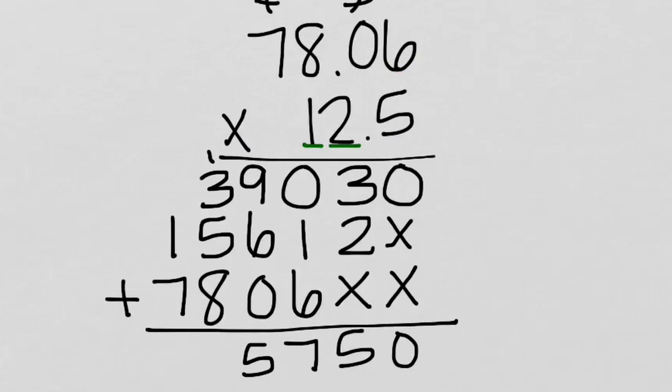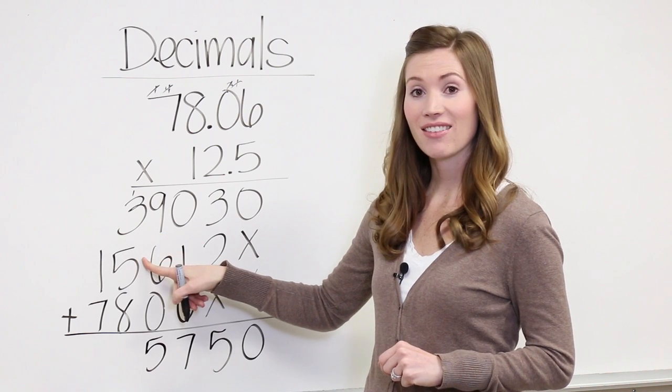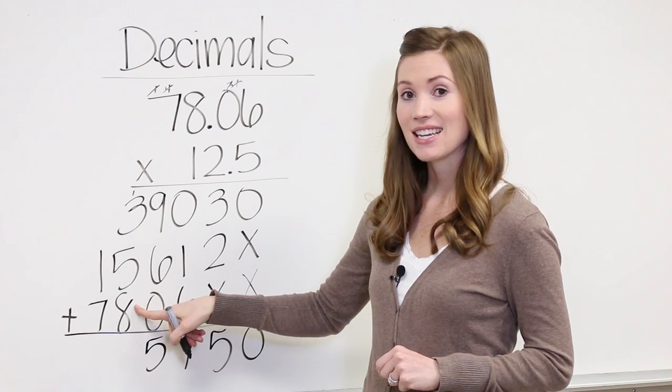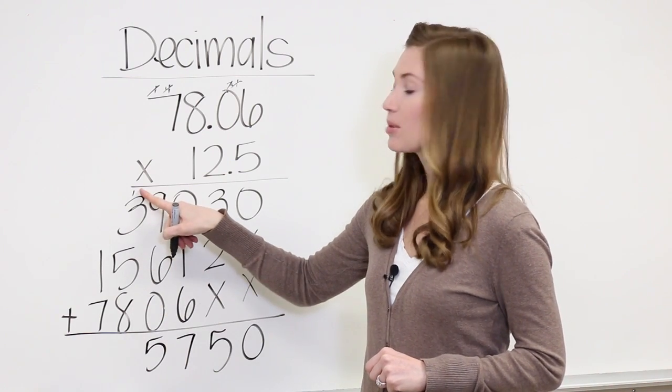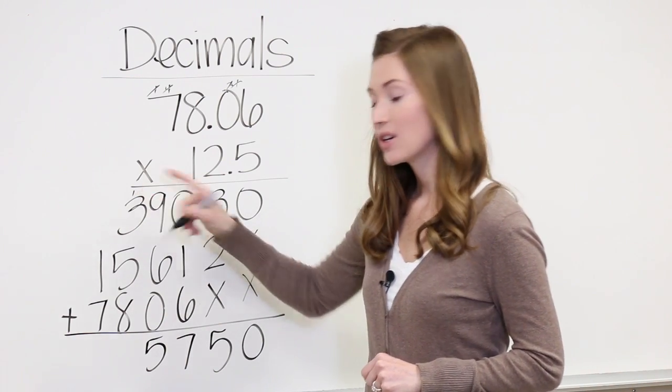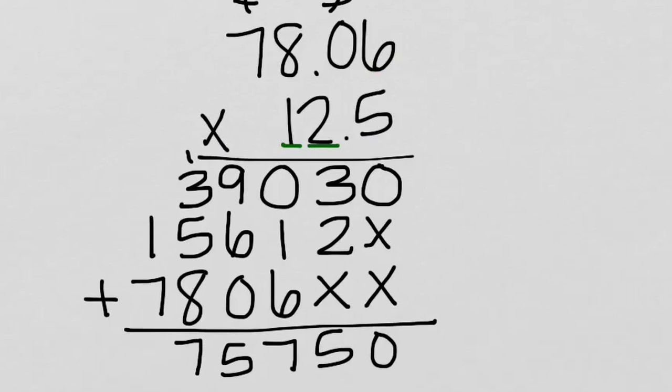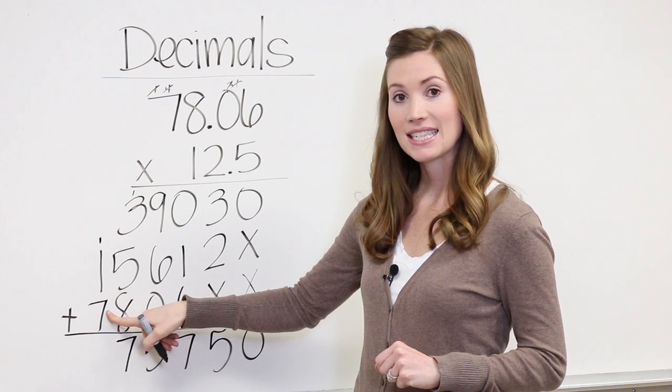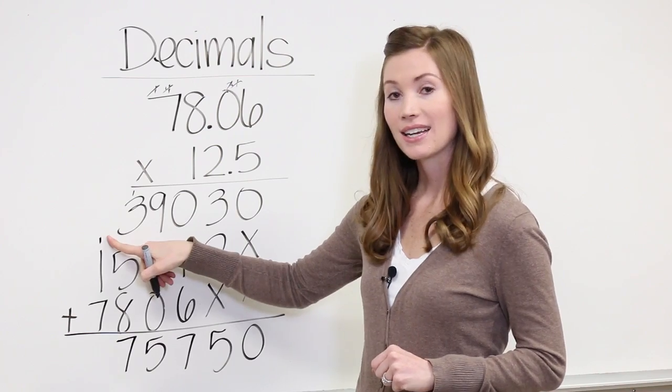Carry the 1. 3 plus 5 is 8. Plus 8 is 16. Plus 1 is 17. We'll write the 7 and we'll carry the 1. 1 plus 7 is 8. Plus 1 is 9.